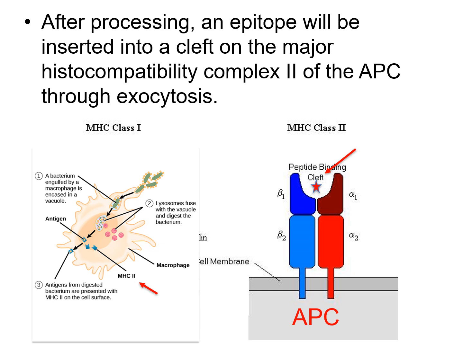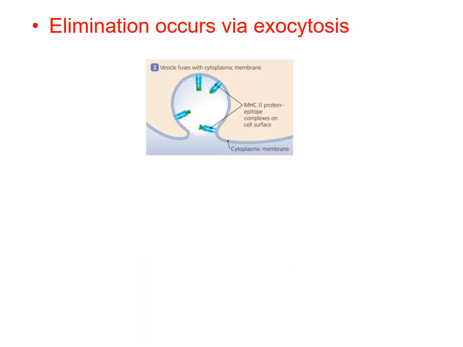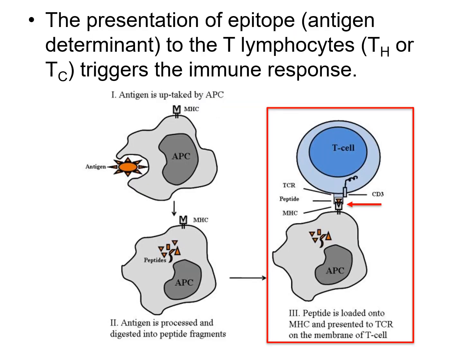And the glove has a cleft, and I'm pointing to the cleft in the picture to the right. Here's another picture to show you how it was exposed on the cleft. It was first processed, fragmented, and now elimination through exocytosis. The presentation of the epitope to the T lymphocyte triggers the immune response.